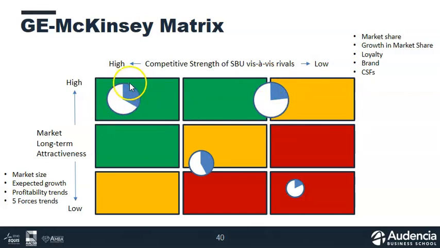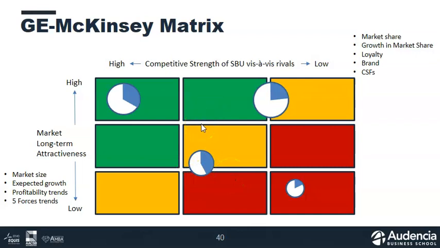This is the size of the market, and this is my market share. Here I've got a pretty good market share. Here I've got about 25%. Here I've got 2 other business units. This one is a small market, and I've got a small market share. And this one, I've got a small or medium-sized market, and I've got about a 50% market share, which is pretty good. And the question is, what do you do?